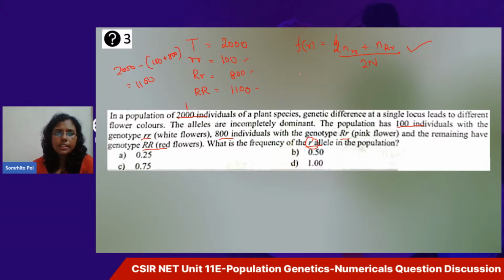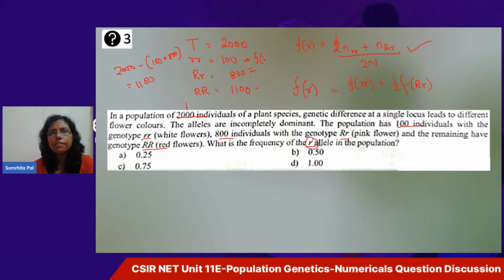So instead of using this formula, I will use the formula f of R is equal to the frequency of small r plus half of the frequency of the heterozygous. But in that case, I need to find the frequency of these, because numbers and frequencies are different.